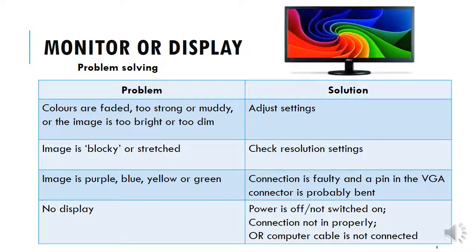And if the image is purple or blue, yellow or green, it often means that the connection is faulty, or else there may be a pin in your connector that is bent. If you have no display at all, then the power may be switched off, or there could be a bad connection, or maybe the computer cable is not connected or has come loose.